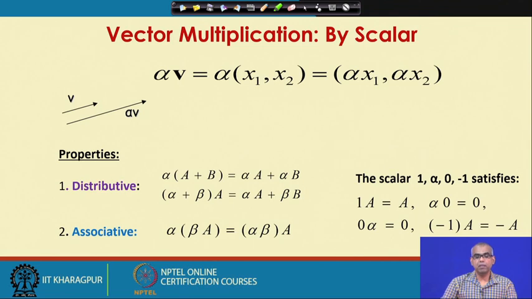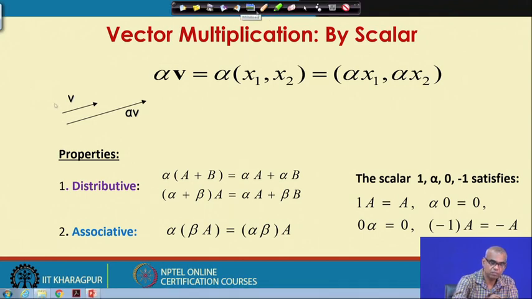What happens if I multiply a vector by a scalar? Consider V a vector which has elements, let us say x1 and x2. You multiply the vector, let us say by a scalar alpha.